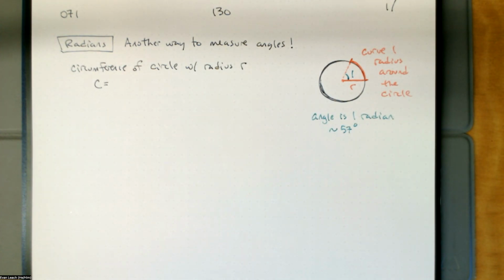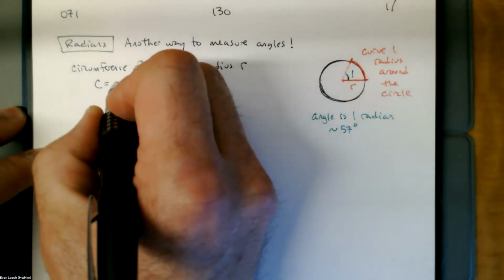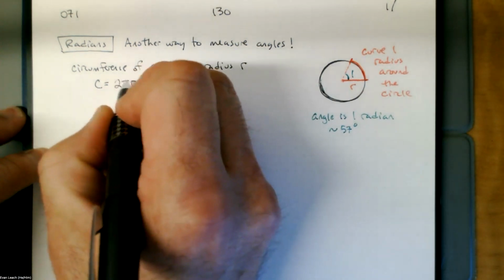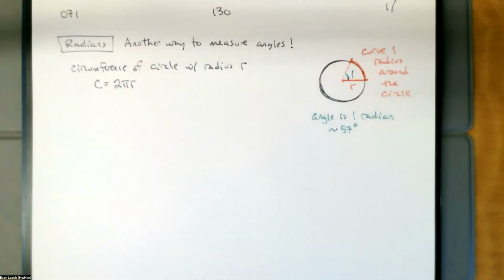That's the area of the circle. What's the other one that we know for a circle? 2 pi r. Just put the 2 in front instead. So the whole length around the circle is 2 pi times the radius of the circle.